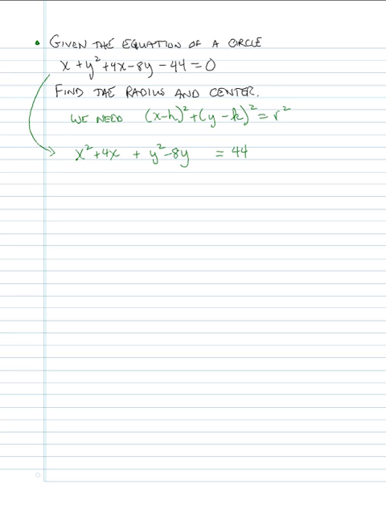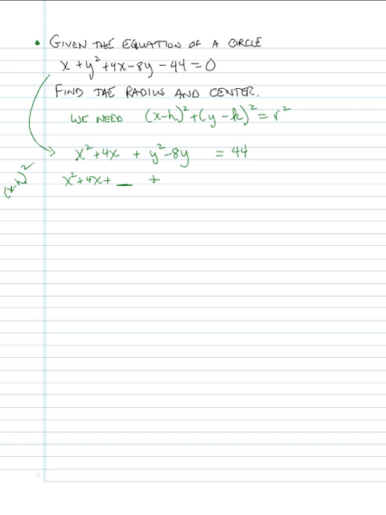Now, I left some space in there, and so remember what we're really trying to accomplish. See, what we need here is a trinomial. That is, we need a number that goes with that x squared plus 4x so that when we have the right number in there, we can factor it so that it looks like an x minus h squared.